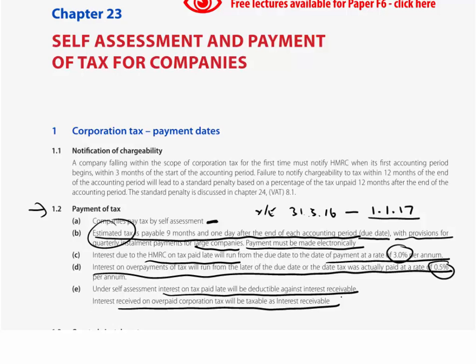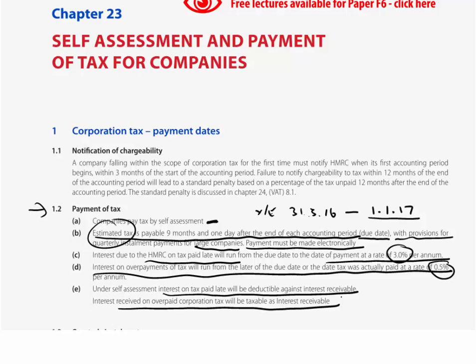But so far as companies and corporate tax is concerned, any such interest payments, whichever way they go, company to HMRC, HMRC to company, they go through your interest income assessments. It's part of what we know as our non-trading loan relationship rules. It goes through the interest income assessment.